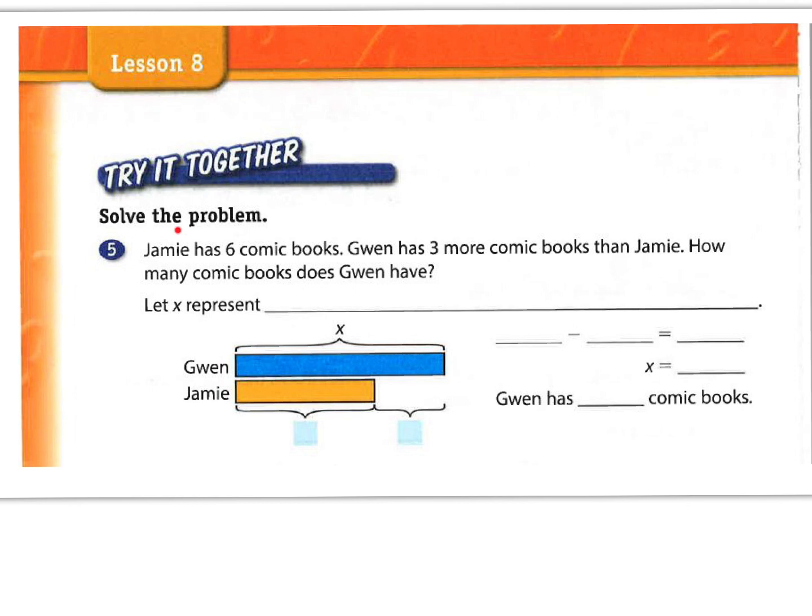Number 5 here. Solve the problem. Jamie has 6 comic books. Gwen has 3 more comic books than Jamie. How many comic books does Gwen have? So x represents the number of comic books Gwen has. Well, we don't know for sure how many Gwen has.